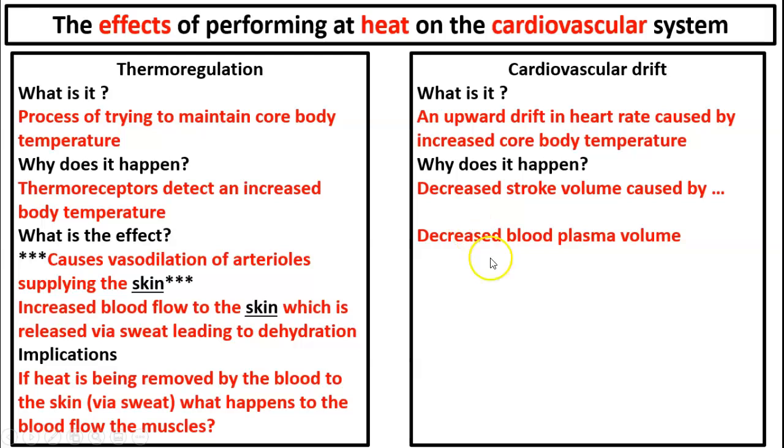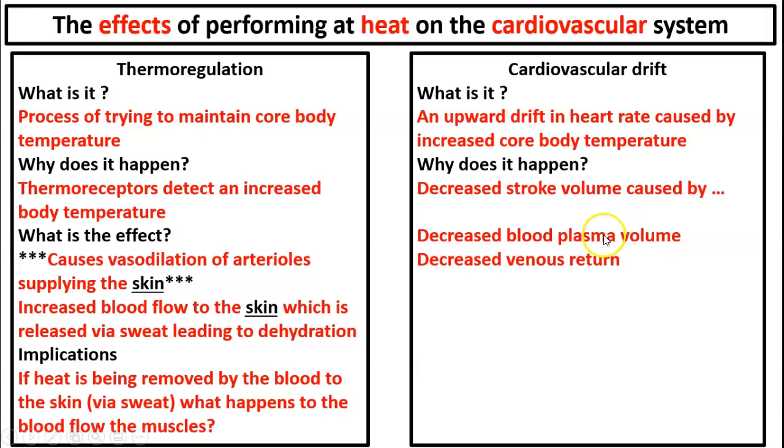Because if we have a decreased stroke volume and decreased blood plasma volume, this means we get less oxygen, less blood to our working muscles. It also means that because we get less blood out, we also get a reduced venous return. So all of these things working together stop us from maintaining our cardiac output.